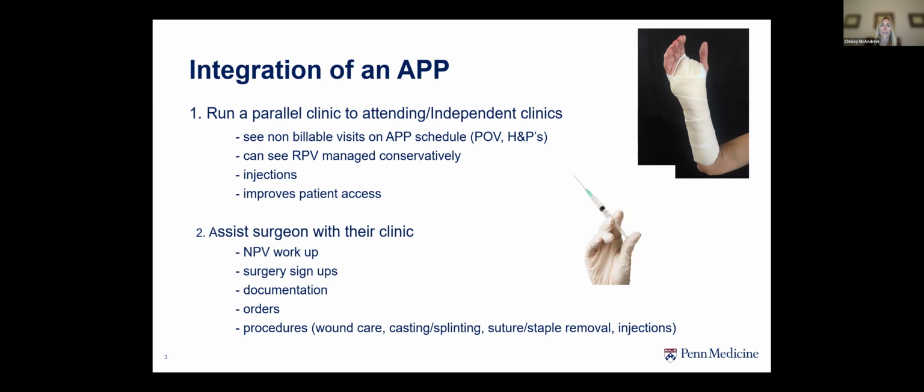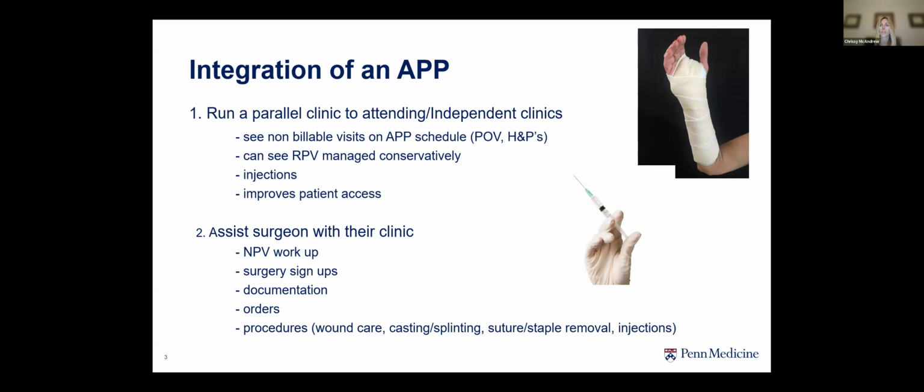When they're running a parallel clinic, there are many benefits as well. Many times the APP in the hand clinics can pull off the non-billable visits, such as those post-op visits or the history and physicals, which are non-billable. This allows the hand attending to see billable visits and see more new patients in their clinic. They can also pull off those return patient visits that are managed conservatively.